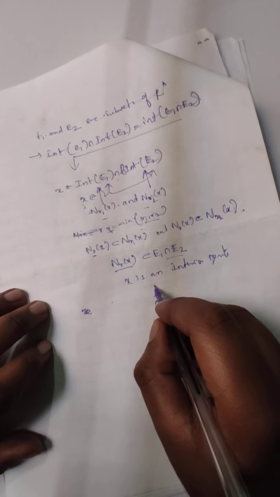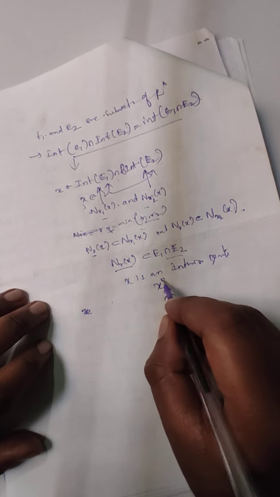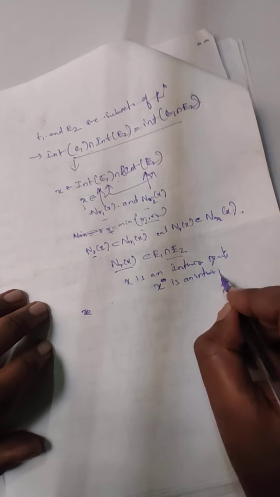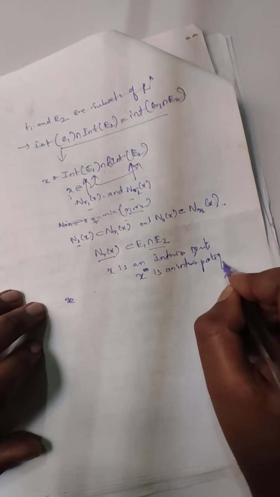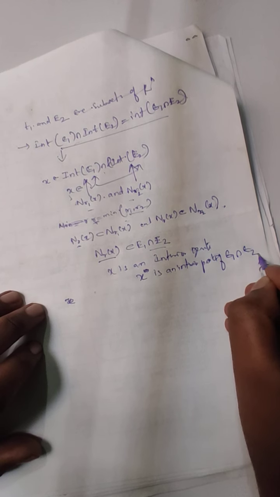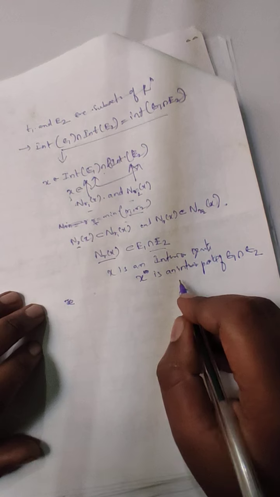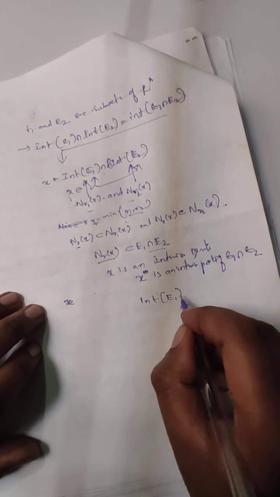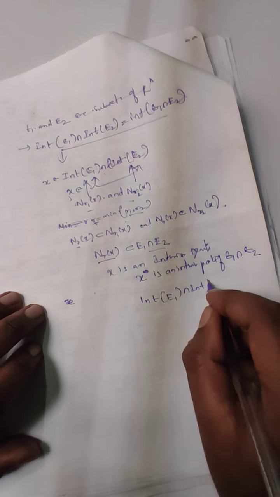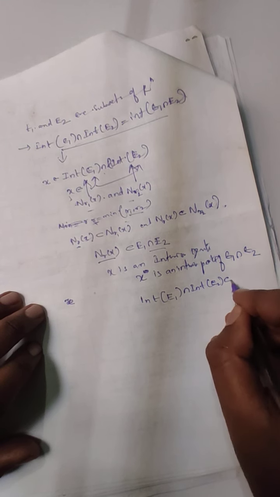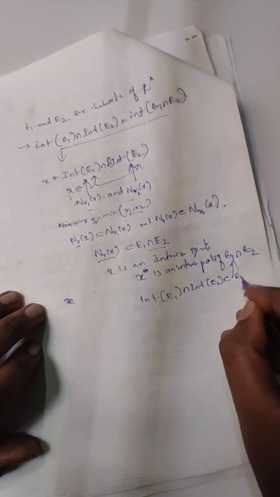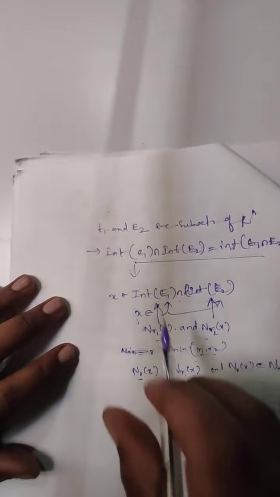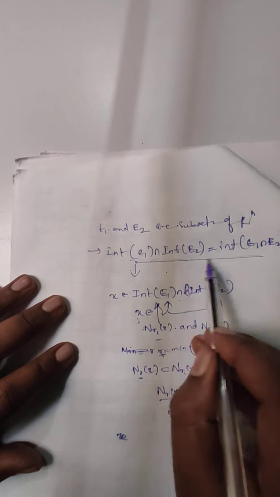From there it implies that x is an interior point of E1 intersection E2. From this we can write that interior of E1 intersection interior of E2 is a subset of the interior of E1 intersection E2. We get this. First we have taken this and then we proved this.